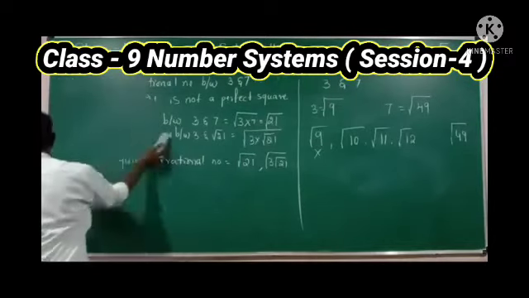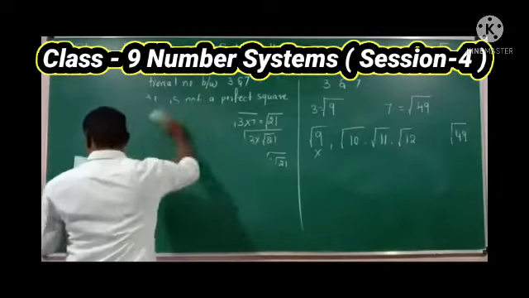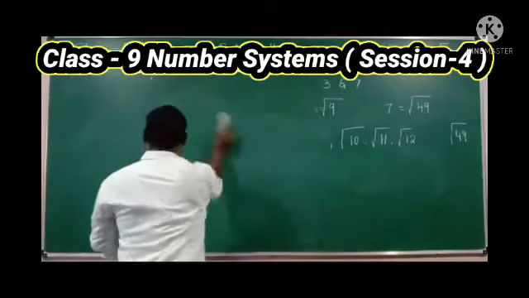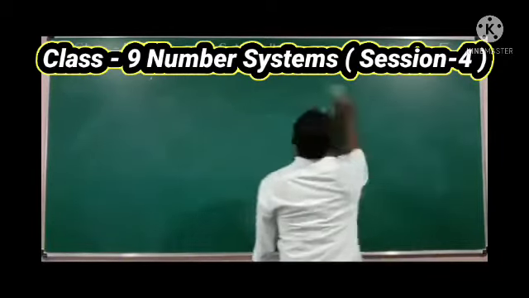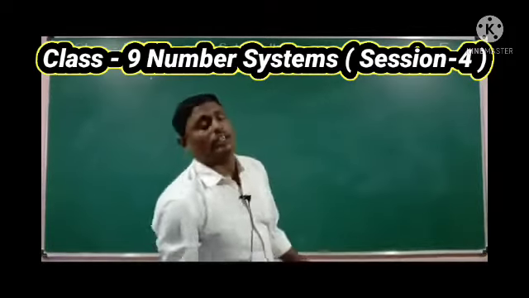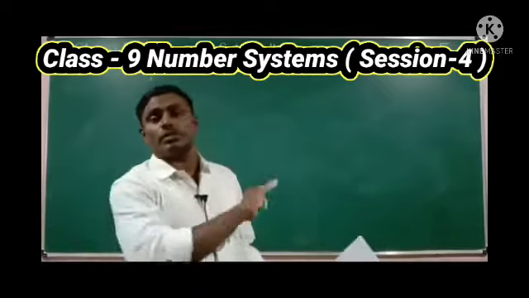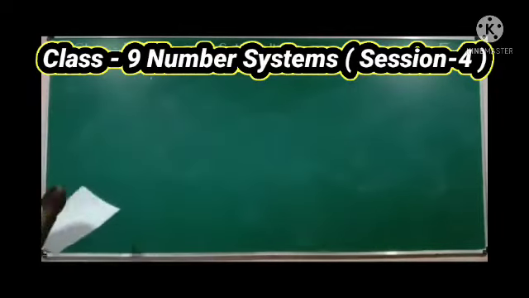See the next question. State whether the following numbers are rational or not. Here some questions are given. We need to find whether the given numbers are rational or not. A rational number is always in the form of p by q, but irrational numbers cannot be represented in the form of p by q. See the next question.